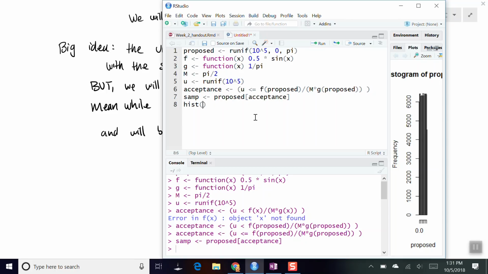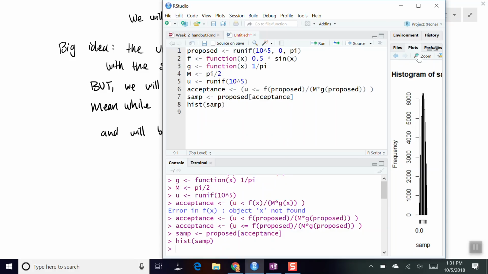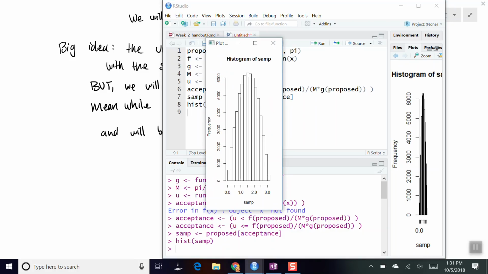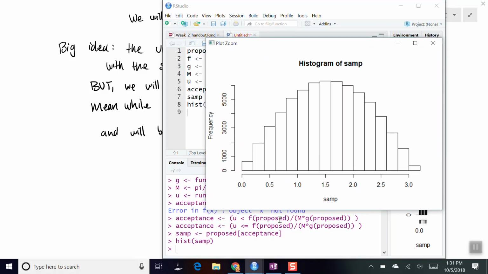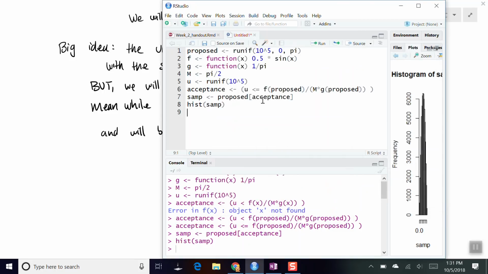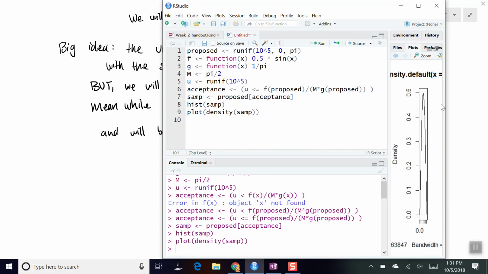All right, and let's go ahead and make a histogram of our sample then. And what do you know? That looks like the sine function, okay? Because a bunch of the other values got thrown away. All right, so I can do plot density of the sample.